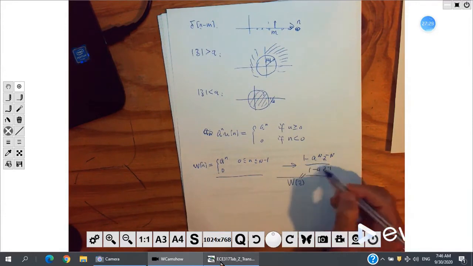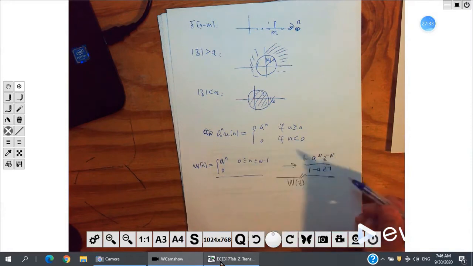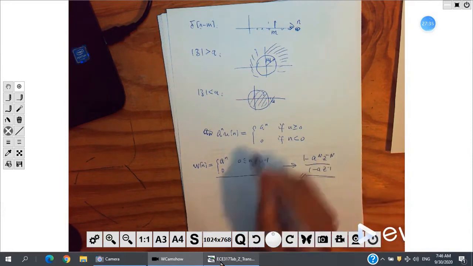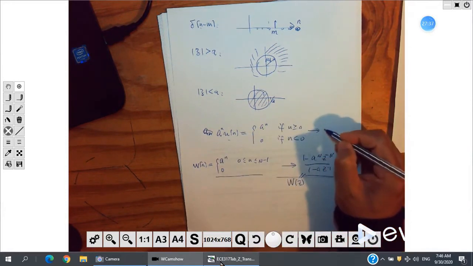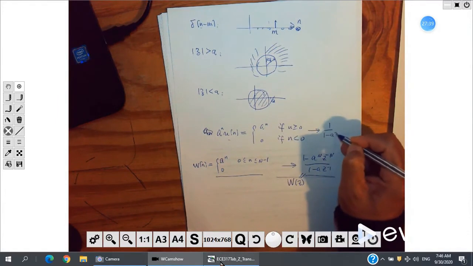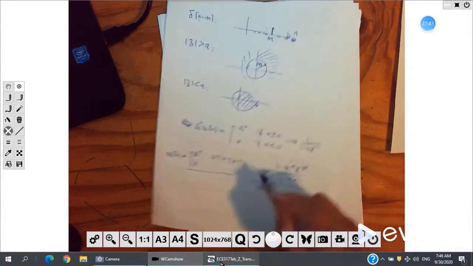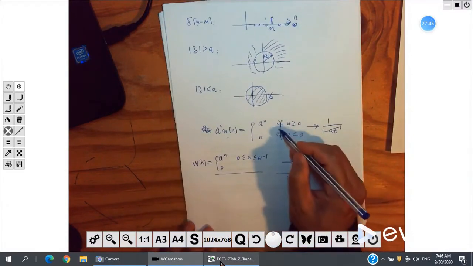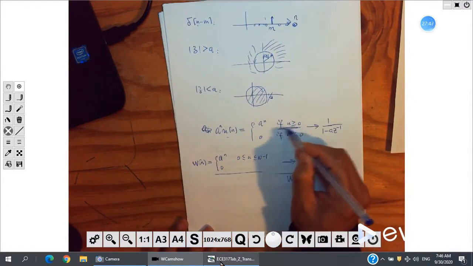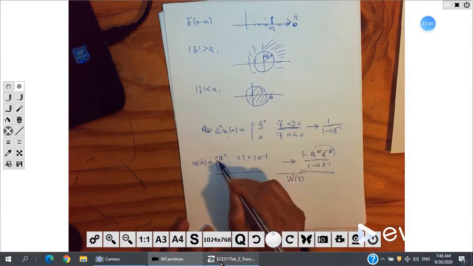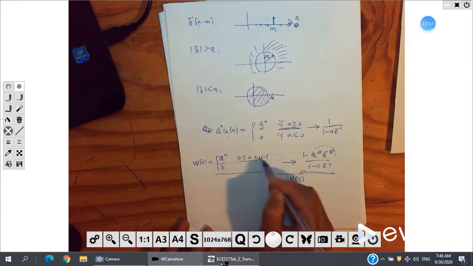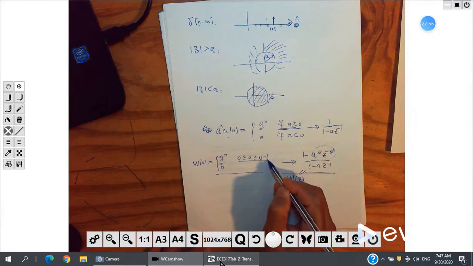How can we get this? For example, we have another one. This one goes to 1 over 1 minus a times z to the negative 1, right? The difference is here. You compare these two: this is for all n, you have a to the n. This is a to the n only when n runs from 0 to N minus 1, right?